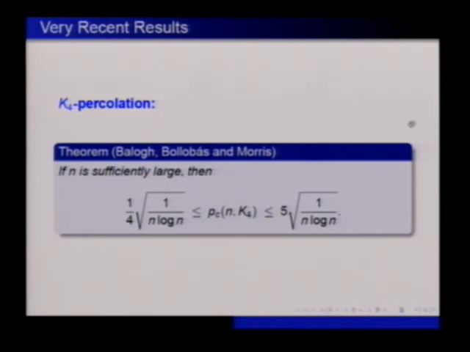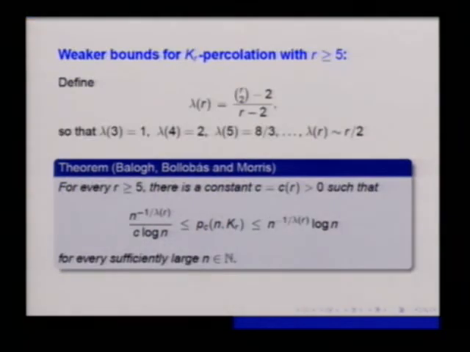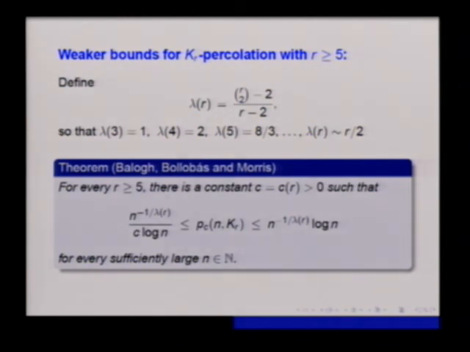Okay, what about K_r? What about larger values of r? Again, we have bounds, but the bounds are even weaker, depending on r.